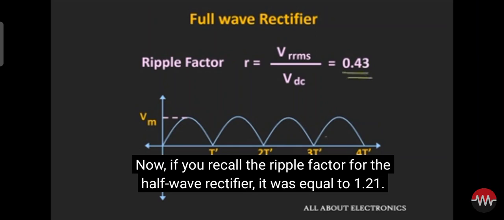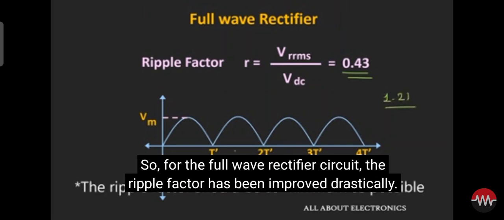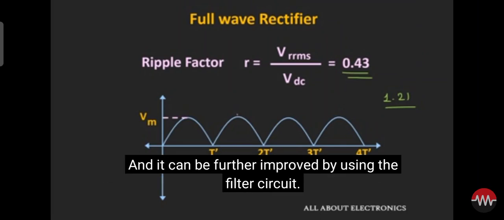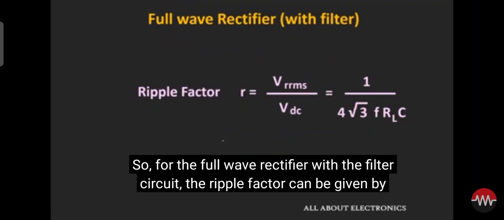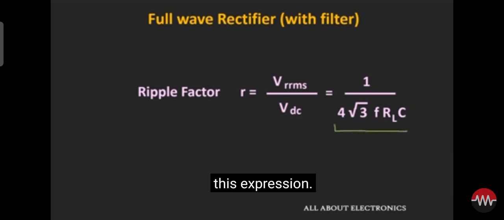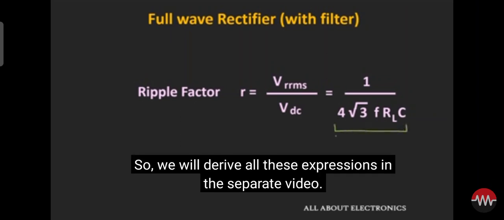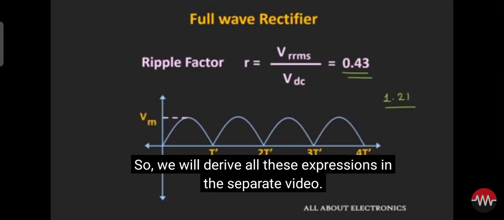If you recall, the ripple factor for the half wave rectifier was 1.21. So for the full wave rectifier circuit, the ripple factor has been improved drastically, and it can be further improved by using the filter circuit. For the full wave rectifier with the filter circuit, the ripple factor can be given by this expression. We will derive all these expressions in a separate video.